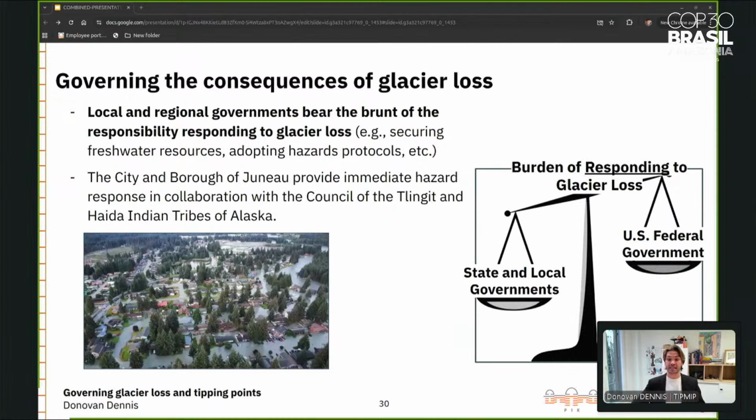Despite their capacity to govern very little of the cause, as we heard from Annika at the very end, governing the consequences of glacier loss, particularly in Southeast Alaska, falls almost exclusively on local and tribal governments. When it comes to the GLOFs mentioned, the city and borough of Juneau is the governing agency in issuing emergency notifications, deploying those flood barriers we heard about, and coordinating response strategies.